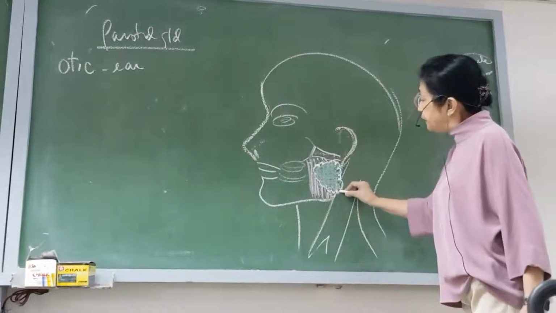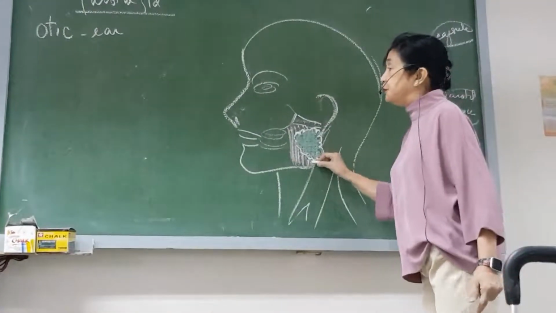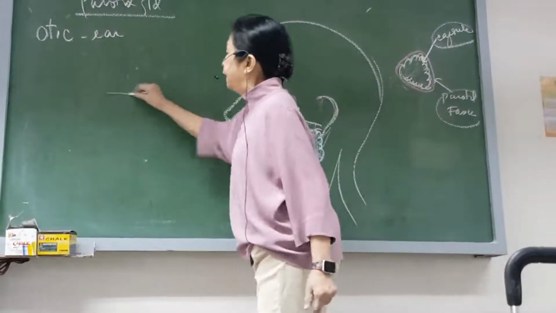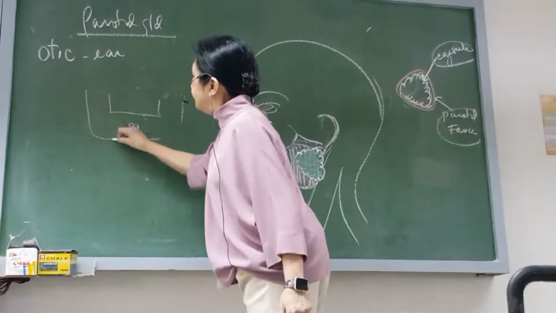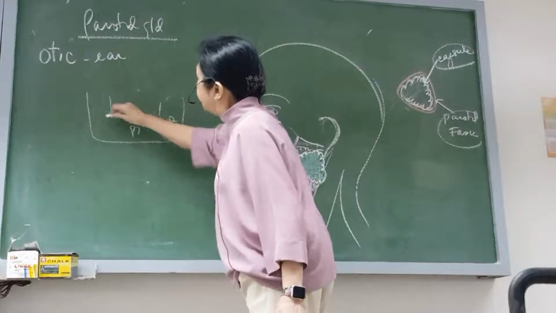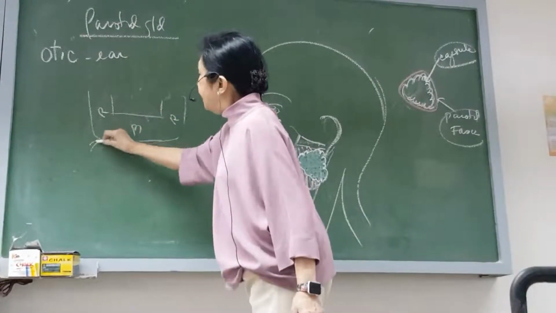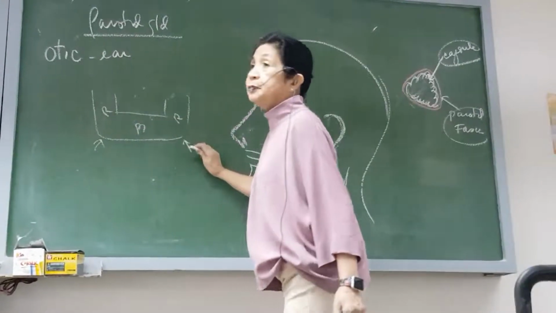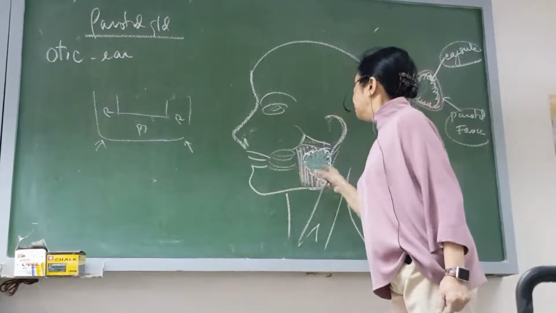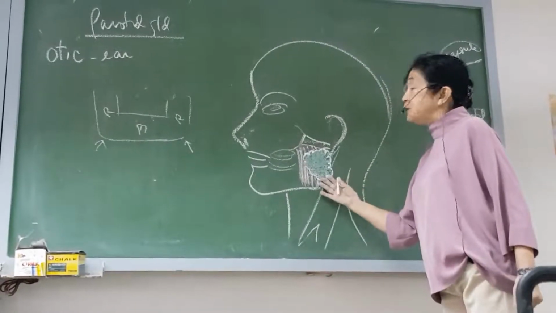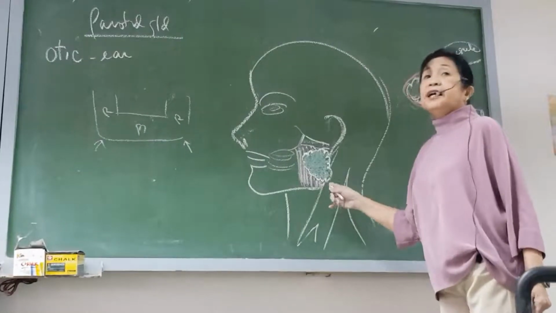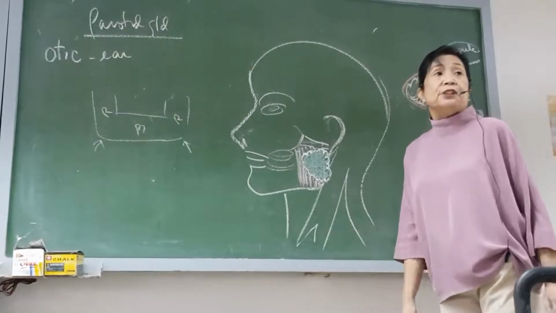And the apex is here between the ramus of the mandible. If you have the mandible there, this is the body and these are the rami. So you have one ramus here and another ramus there. You have the angle between the body and the ramus. So itong apex ng parotid gland, nasa palitan ng ramus ng mandible, so may angle, and the sternocleidomastoid.